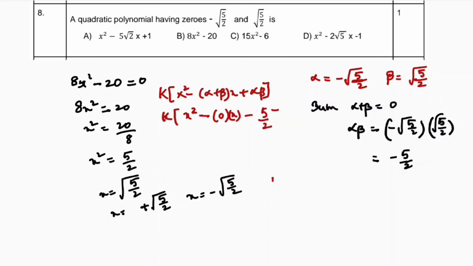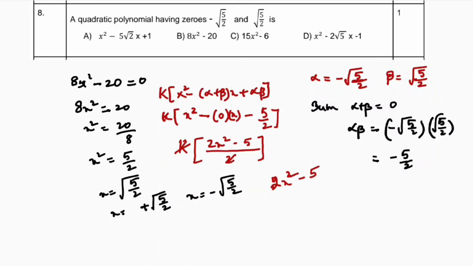So the answer is 2x square, okay, LCM if we'll take, 2x square minus 5. So the polynomial at k equal to 2 is 2x square minus 5.